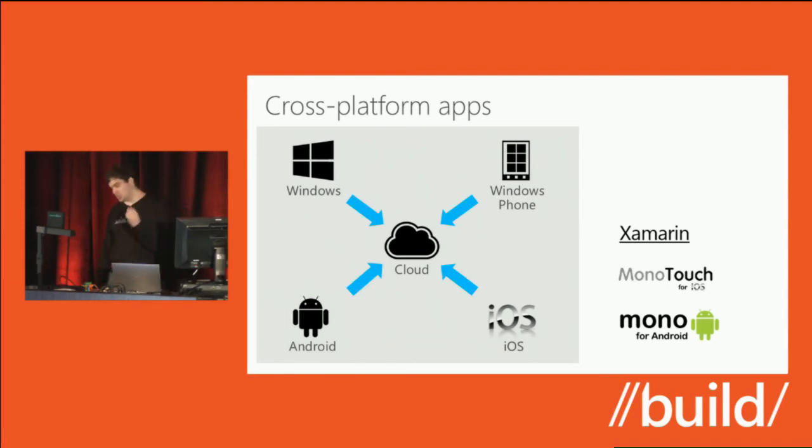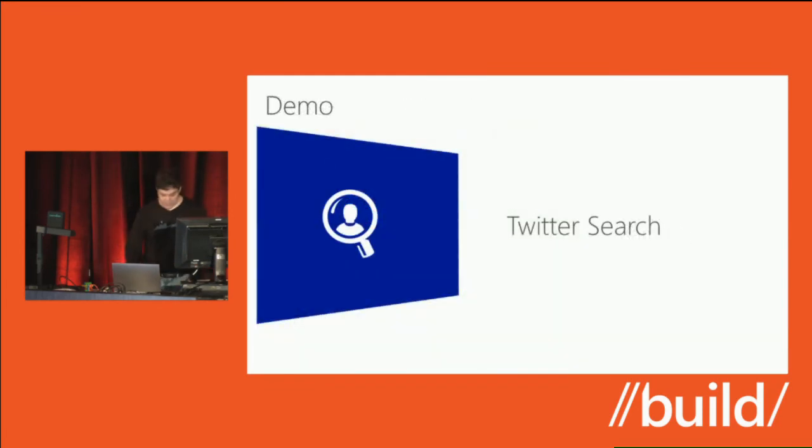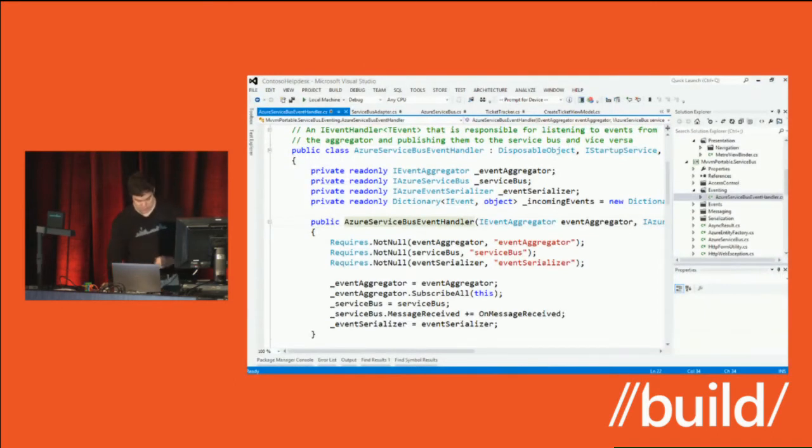And just like we're talking about, you want a platform-specific user interface for each platform, these tools let you use the native interfaces, the native user interface libraries from iOS and Android. So your application looks and feels just like a native app, but you can have this shared code across all of these platforms. And so we'll look at a demo of that called Twitter Search.